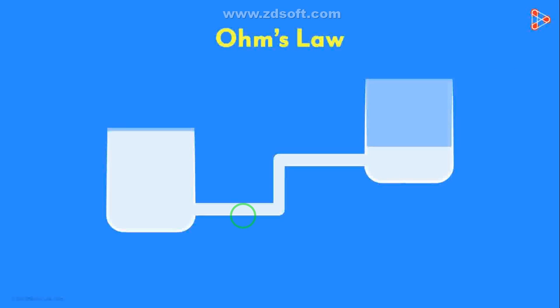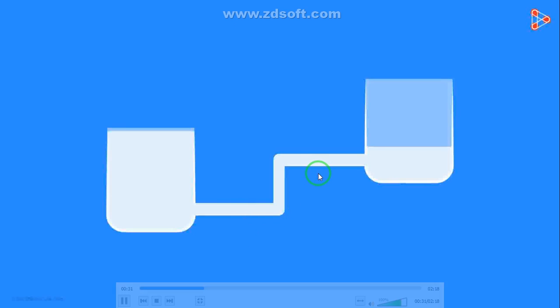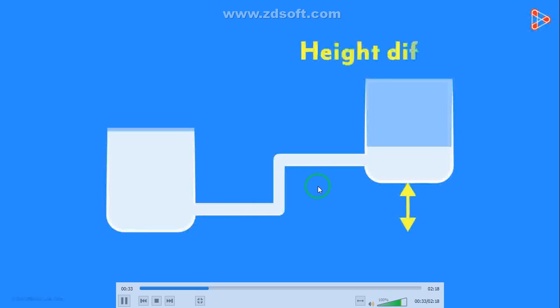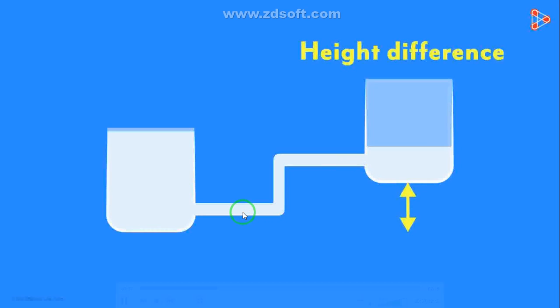From this example we can easily understand Ohm's law. Just look at the height difference. The water flow depends upon the height difference.